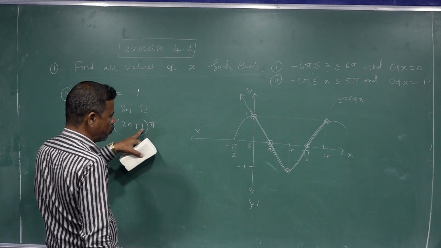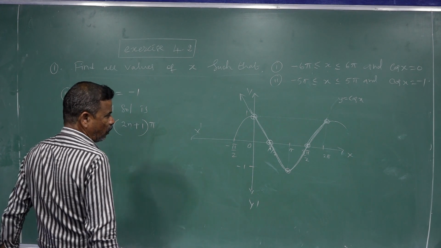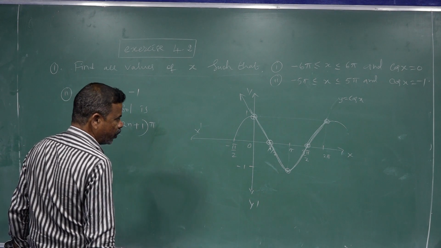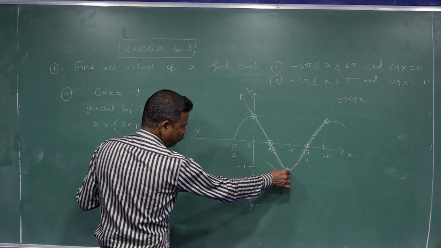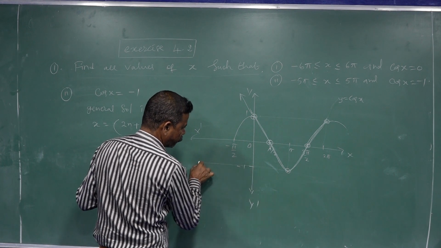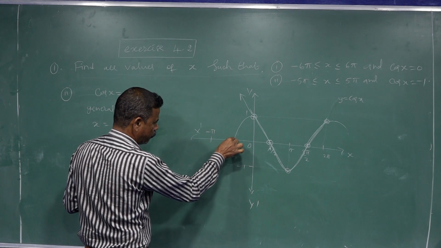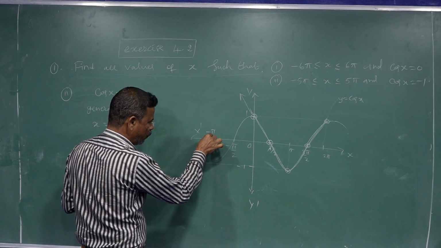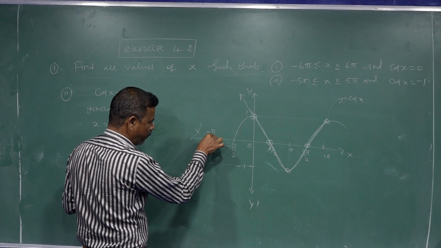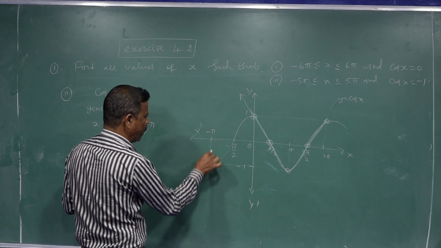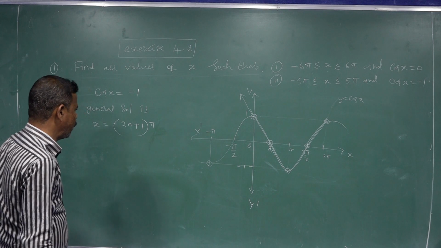So n is equal to 0 means 1 π, minus 1. After that, where 0, minus 1, here minus π. cos of 180 minus 1, cos of minus 180 also minus 1. Minus π, at the minus π, 0.